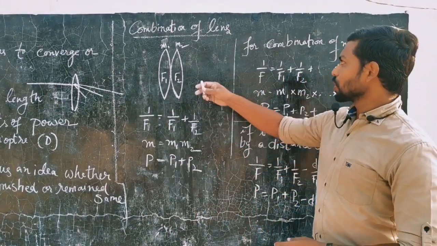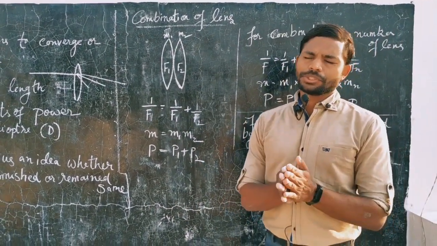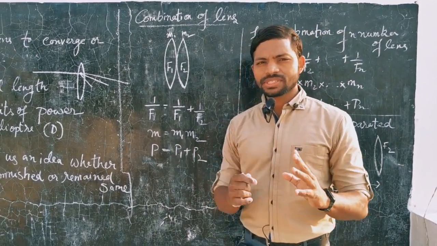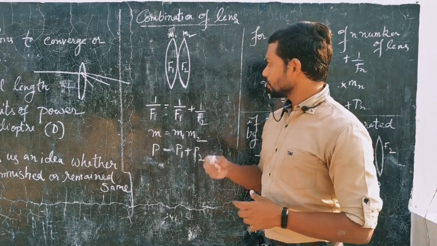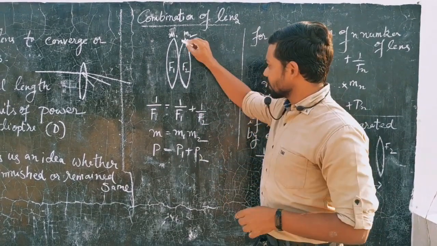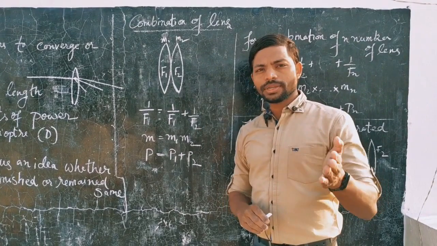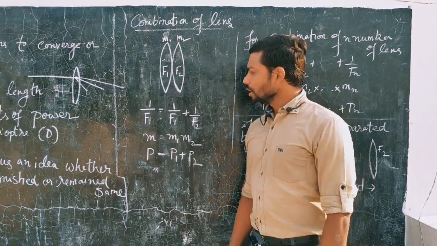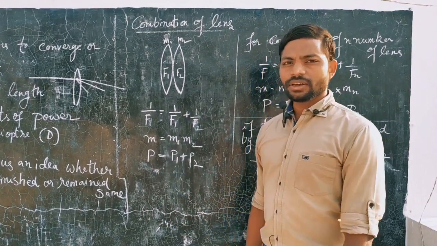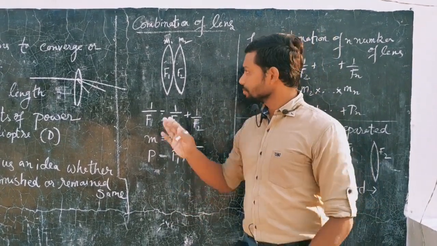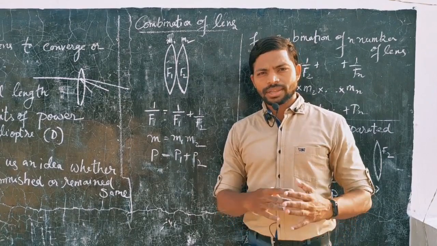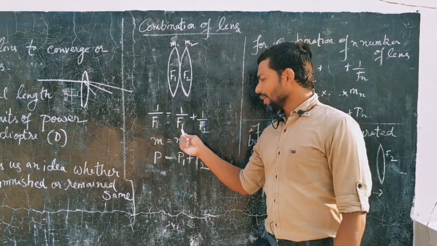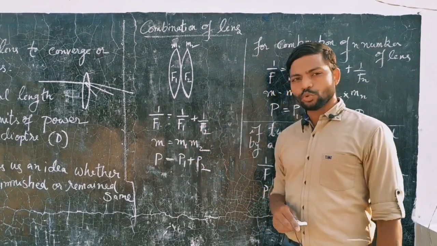Yes, now we will learn about combination of lenses. Sometimes they ask you questions about combination of lenses, so you must be well prepared, armored with this concept. Let us say there are two lenses whose focal lengths are f1 and f2, and they are both in contact. Then what is the focal length of the entire system of these two lenses? In that case the formula will be 1 by f is equal to 1 by f1 plus 1 by f2, right?